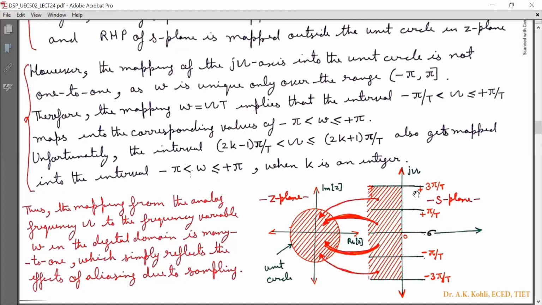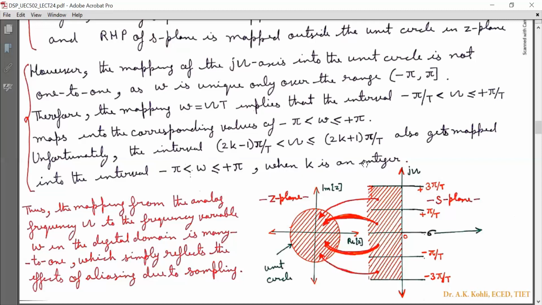Look at this. The frequencies in the analog domain in this range and in this range and in the further ranges are also going to be mapped inside the unit circle. So it is not one to one. That is, the mapping of j omega axis into the unit circle is not one to one.